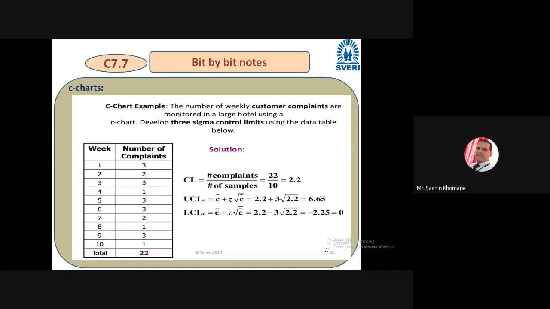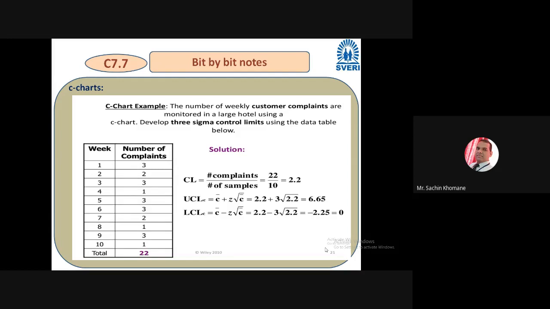In the first week he observed 3 complaints, second week 2, third week 3, fourth 1, like that, a total of around 22. So what is the control limit here? You just have to take the average of complaints. It is 2.2, the 10-week average.